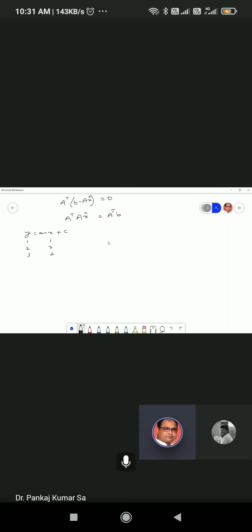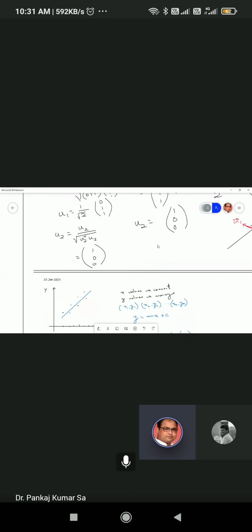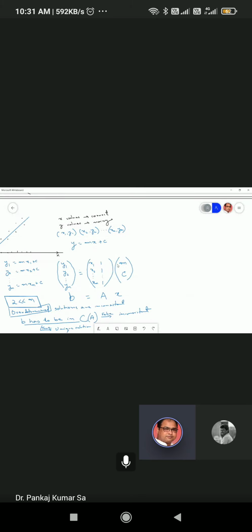Okay, so let me put this in terms of a matrix, the matrix that we saw in the last class: y1, y2, yn, x1, 1, x2, 1, m and c in that way.